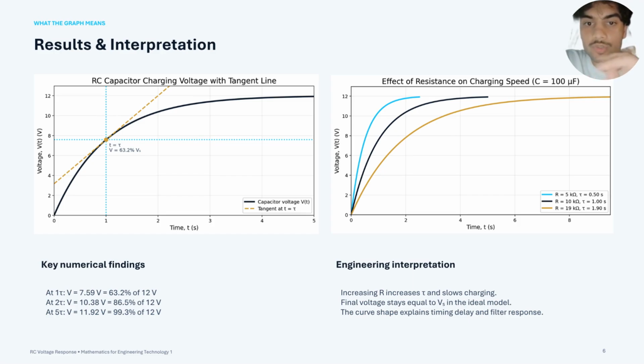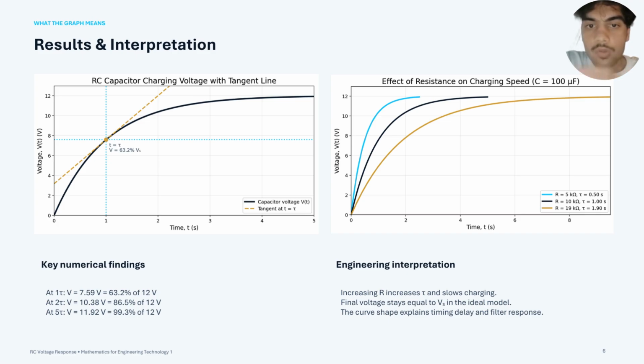After 2 seconds, it reaches 86.5%. And after 5 seconds, it reaches approximately 99.3%. So these are the values that have been demonstrated for the default one, which I already showed and explained in the simulation video.